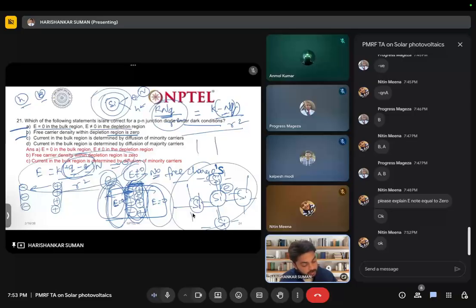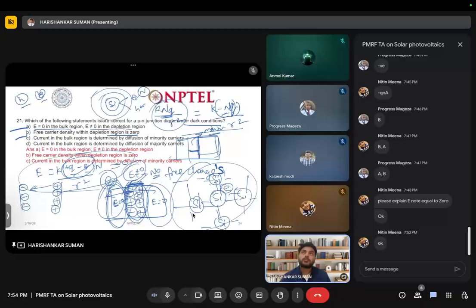And in the depletion region, the minority charge carriers are responsible for current, while in the bulk the majority charge carriers are responsible. Because in the depletion region there are no free charge carriers, only immobile charges.